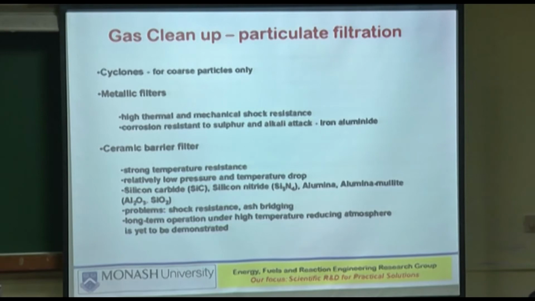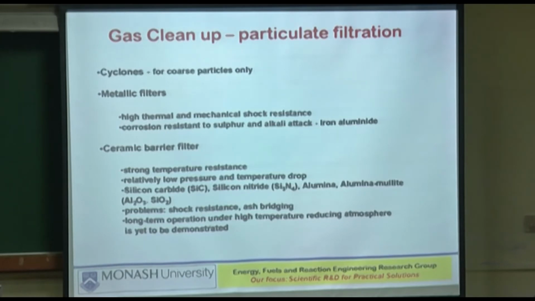Ceramic candle filters are cheaper, obviously, and the metallic filters, particularly the iron aluminide, are dearer. So it's the high capex versus low capex, low opex, or low capex versus high opex issue, and relatively easy availability.